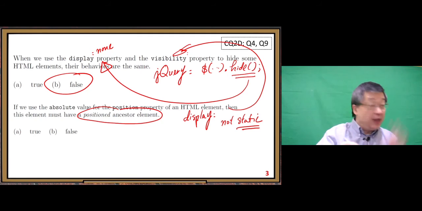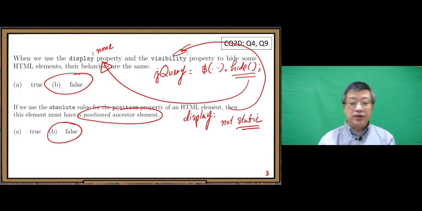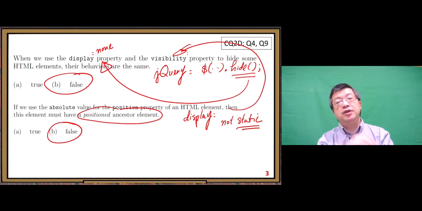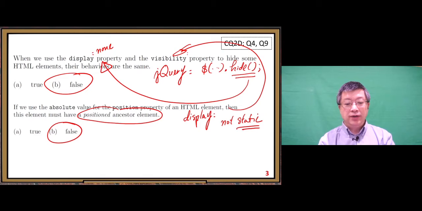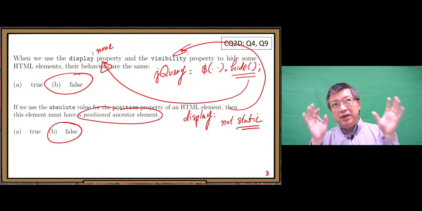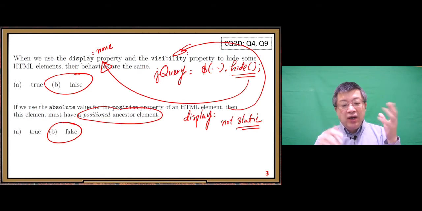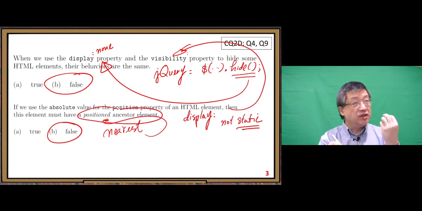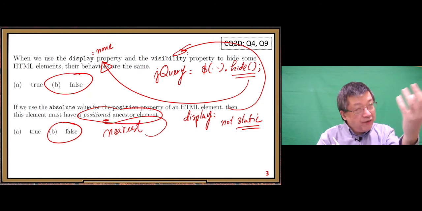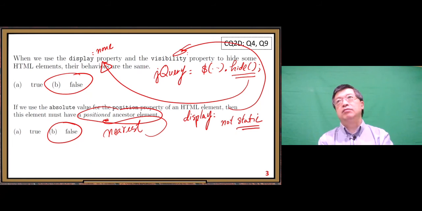So here, although we know the answer is false, do you know why the answer is false? I want to explain the reason. The reason is, we should find the nearest positioned ancestor element, if it is available, because you don't know if it is available.